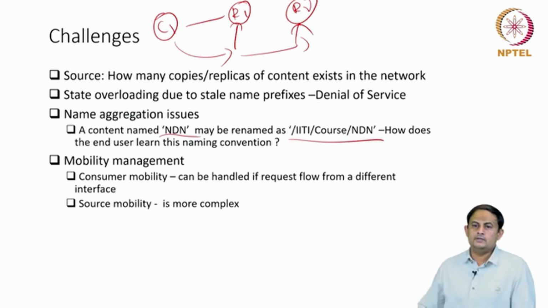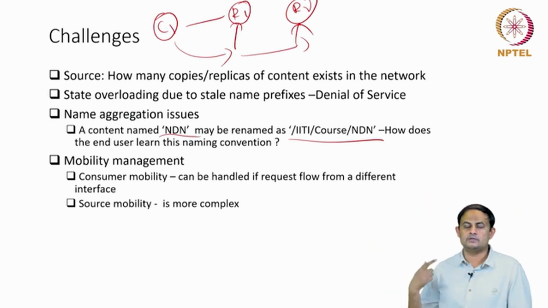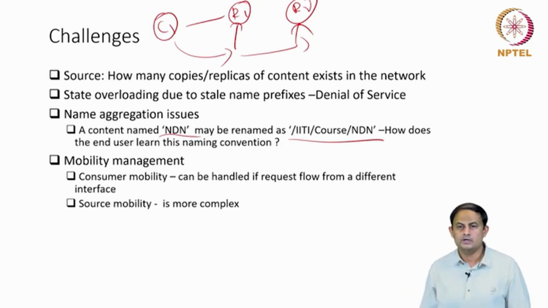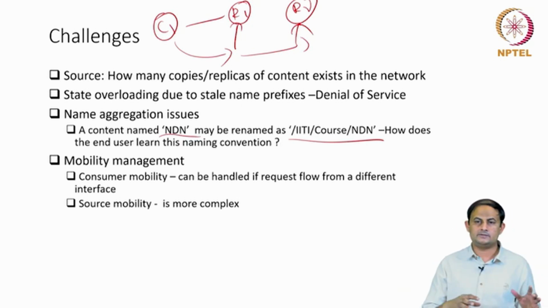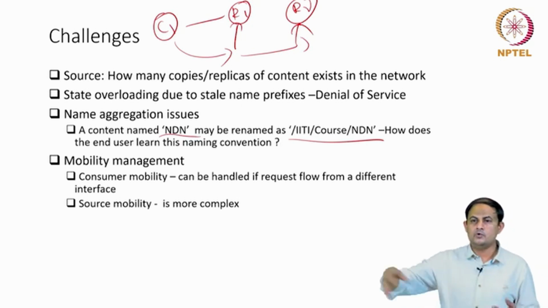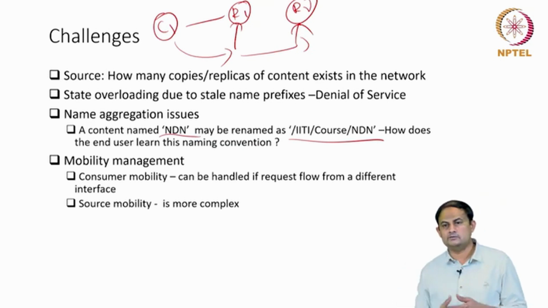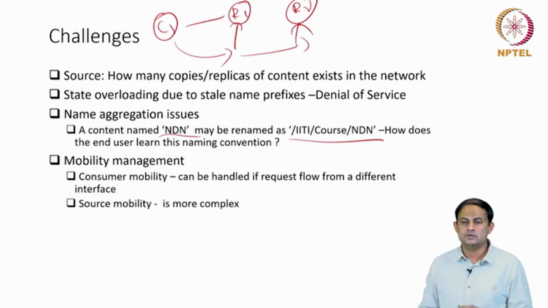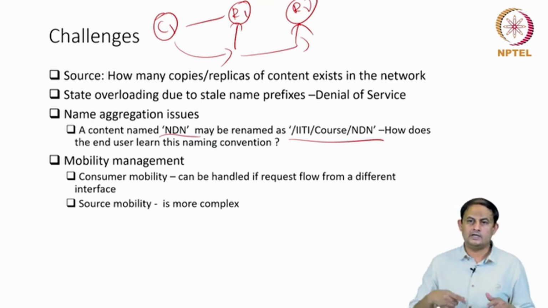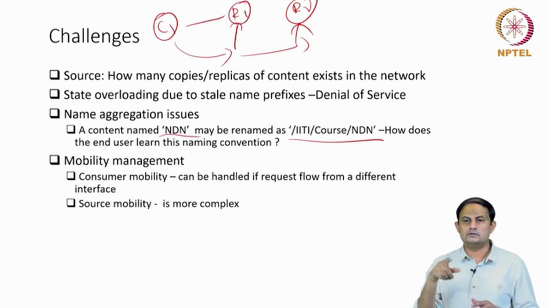But what if the source, the content producer himself or herself, is on the move? Somebody is doing video or audio conferencing while moving, sitting inside a vehicle. Then the routers need to be dynamically made aware that he is now connected not to R10 but to R20.